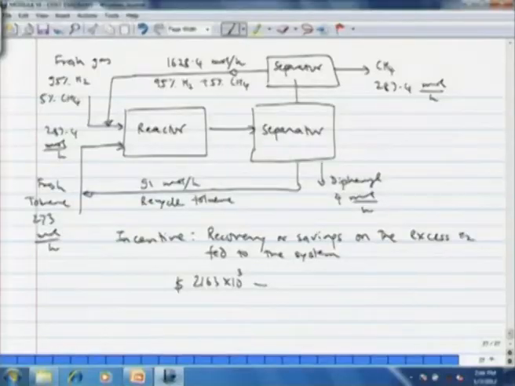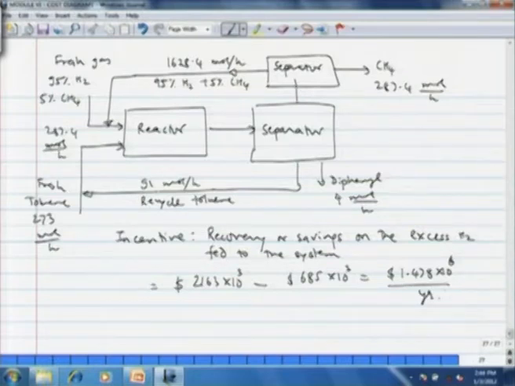So the net saving in the present case is $2,163,000 minus $685,000. So that is a total of $1.478 million, which is quite a large amount, close to $1.5 million. Okay.